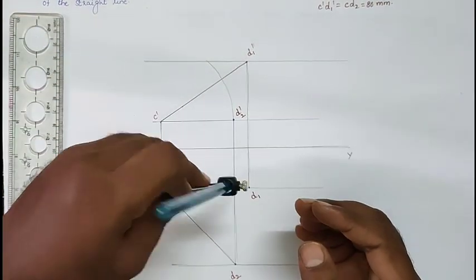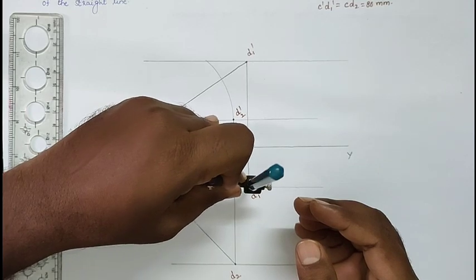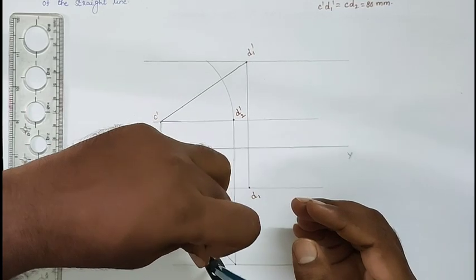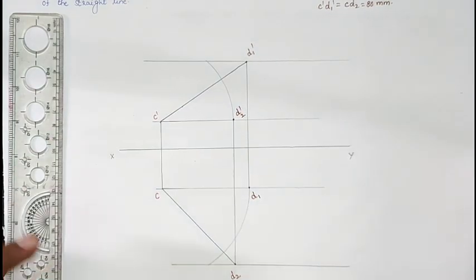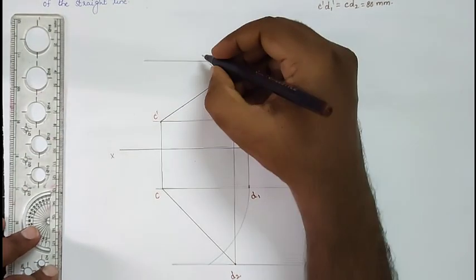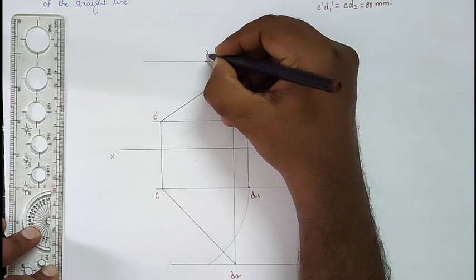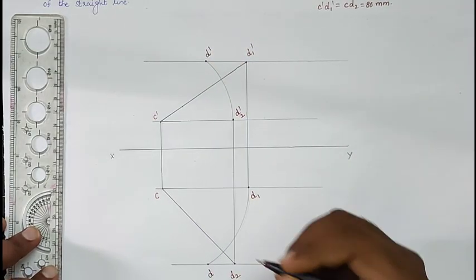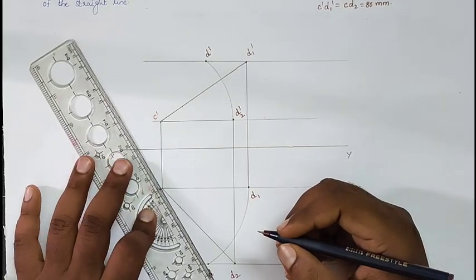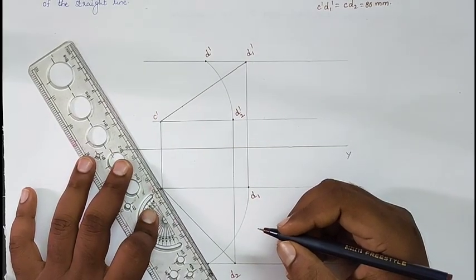C as center, CD1 as the radius, draw the arc up to the D2 horizontal line. Now we will get the intersecting point here. This point I am treating as D dash, and this point as D. So joining CD, this is our required top view.